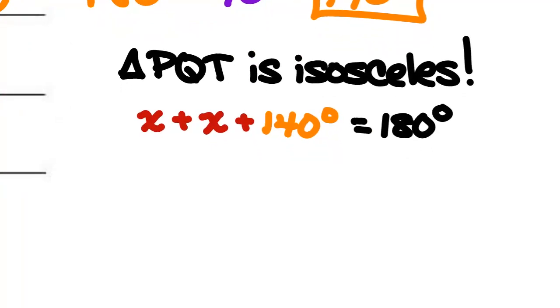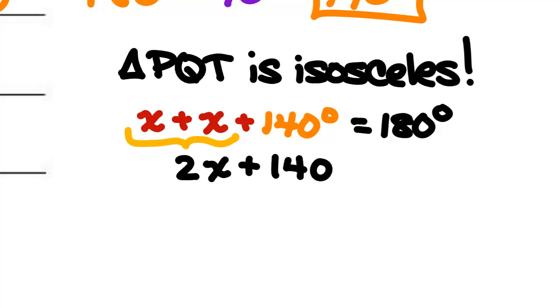Yep, I got my equation wrote. X plus 140 equals 180. Add like terms, so we're going to combine the X and the X together to get what? 2X. So 2X plus 140 equals 180.